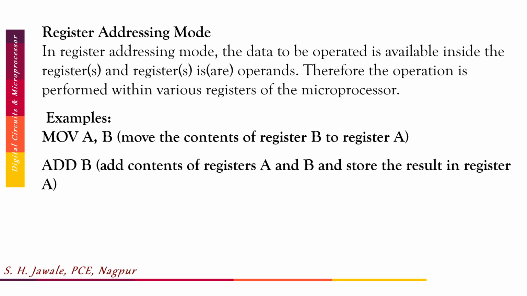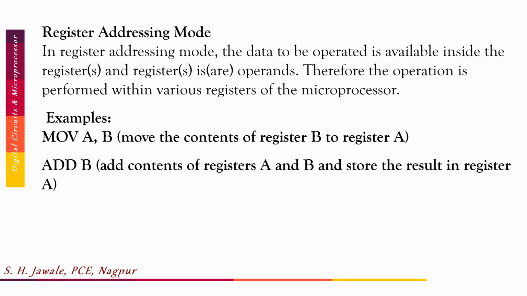The example of register addressing mode is MOV A, B. It means move the content of register B to register A. It means your data required to execute the instruction is present in register B and the name of that register is directly given in the instruction, called register addressing mode.